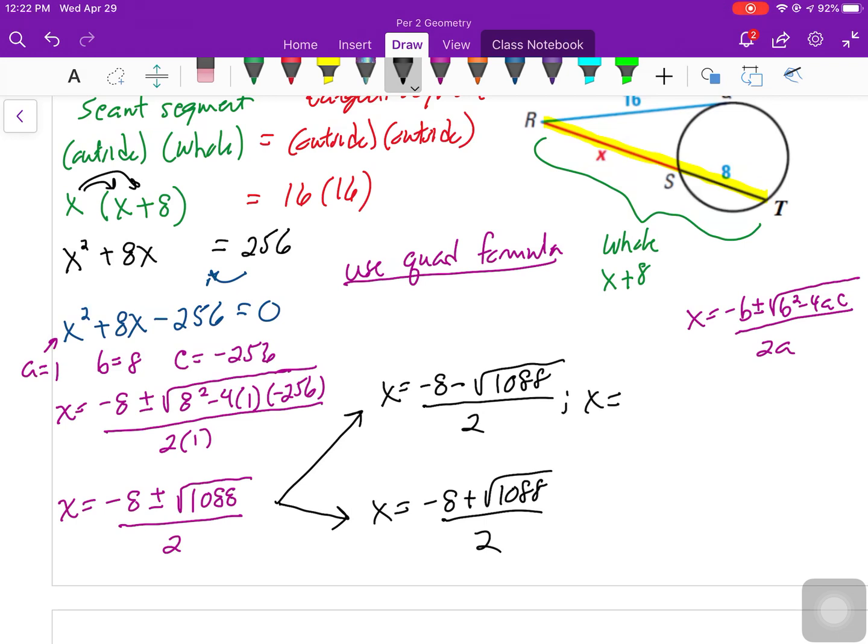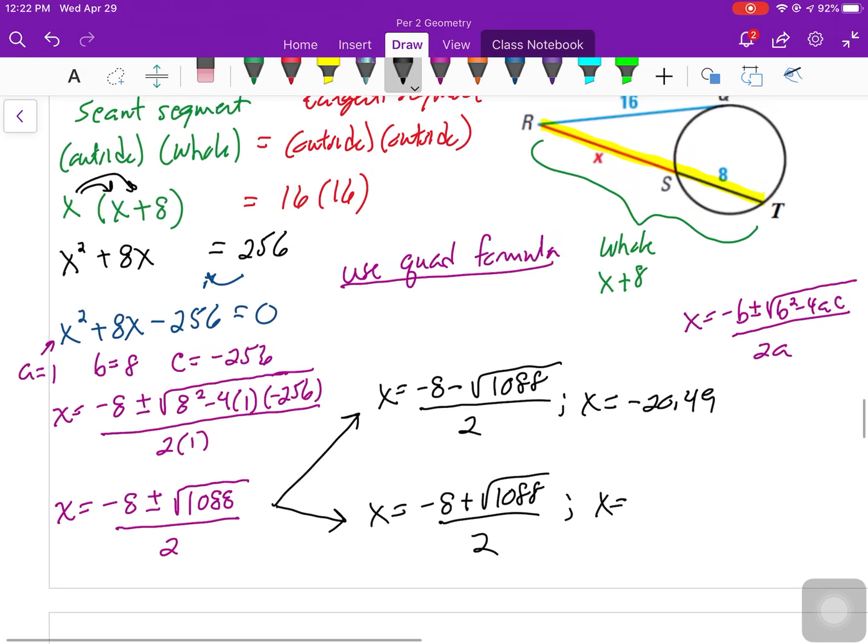Let's see what we get for each of those. For the top one, I end up with x equals negative 20.49. For the bottom one, I end up with x equals 12.49.